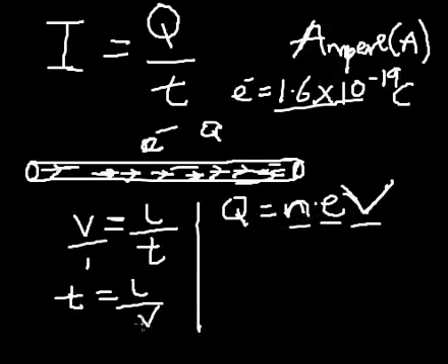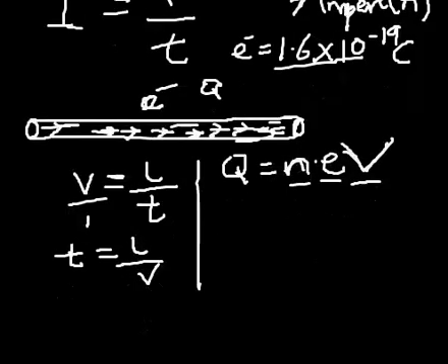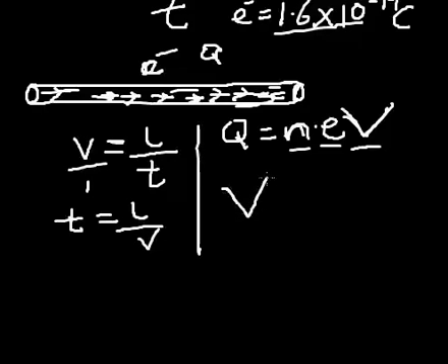And we know that time, from what we have here, is equal to length all over velocity. Now, volume, please take note of this. In physics or in science, volume is always given as area multiplied by the height or displacement.